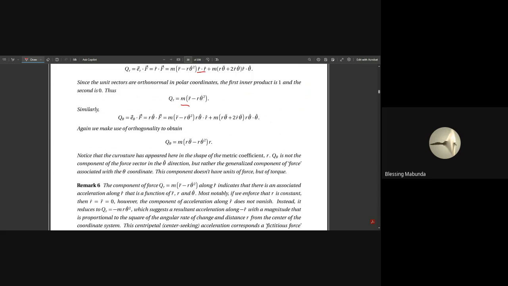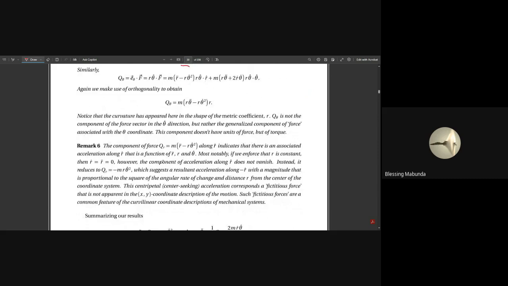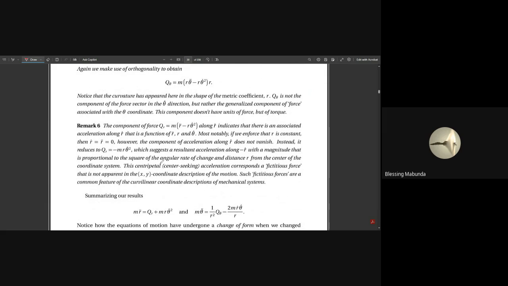And then for Q theta, what remains is m multiplied by r theta double dot minus r theta dot squared multiplied by r. So we notice that the curvature has appeared in the shape of the metric coefficient r.